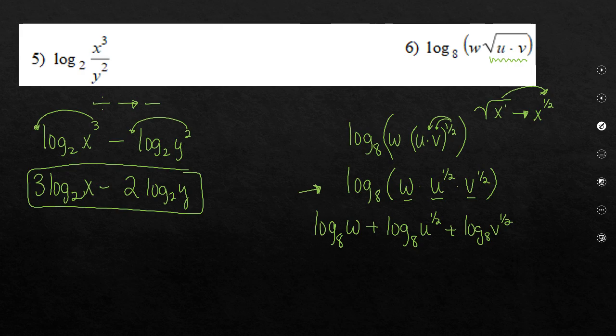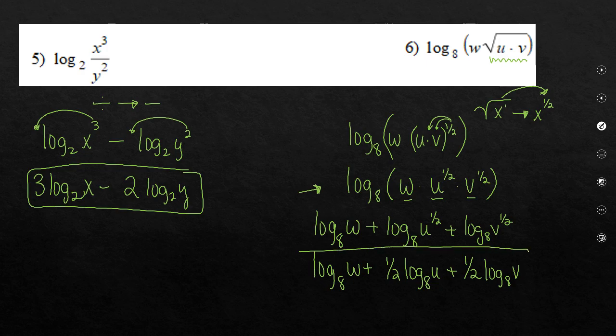And last but not least, we're going to take those powers that we have and put them as coefficients in the front of the terms. So we'll have log base 8 of w plus 1/2 multiplied by log base 8 of u plus 1/2 multiplied by log base 8 of v. That answer is golden.